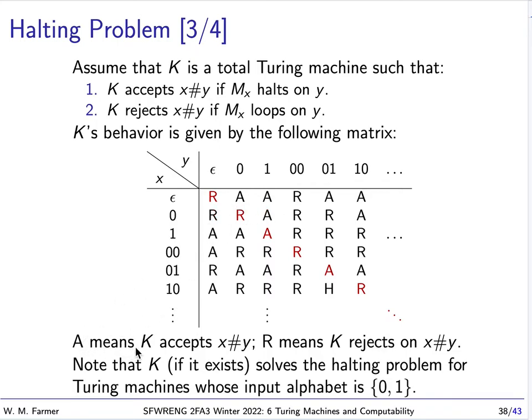A means that K accepts the string, and R means K rejects the string. The thing to note here is that if there actually were such a total Turing machine K, this K would solve the halting problem for all Turing machines whose input alphabet is 0 and 1. Remember, we're restricting ourselves to just those machines. So we're going to assume there is such a K.